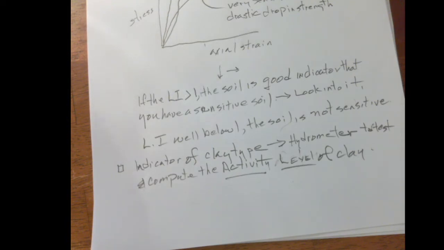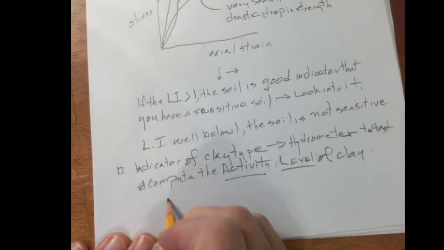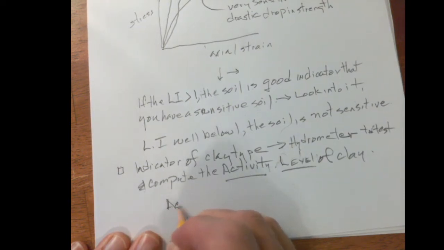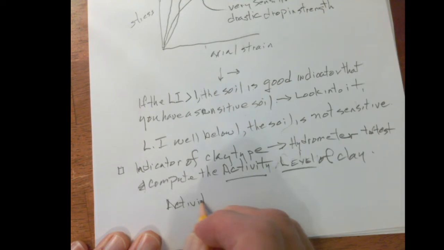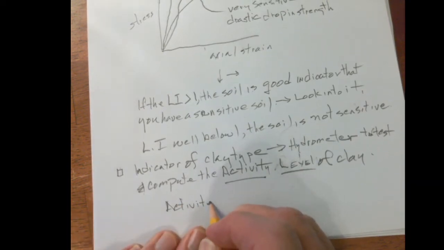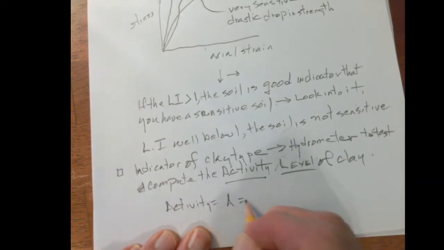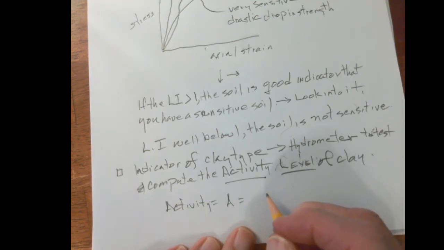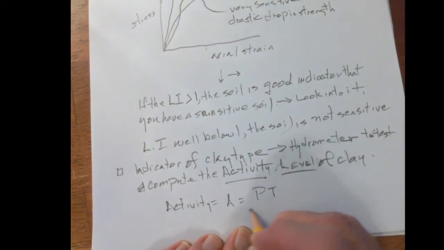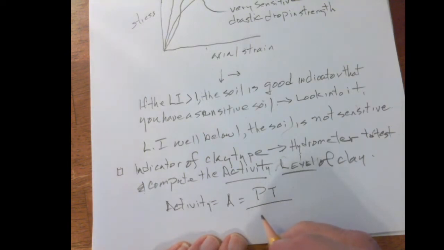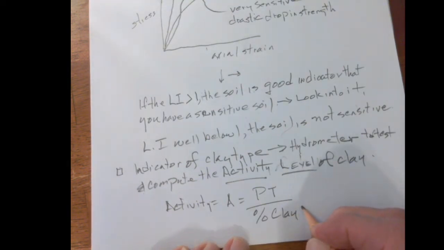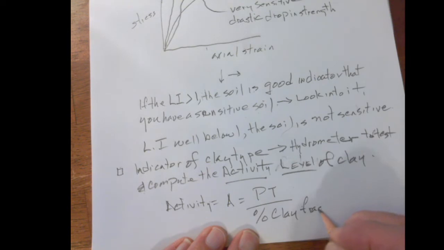And the hydrometer lets us, oh, here's the calculation for that. A, activity, and then we'll move on. Activity equals A equals the plasticity index divided by the percent of clay fraction.